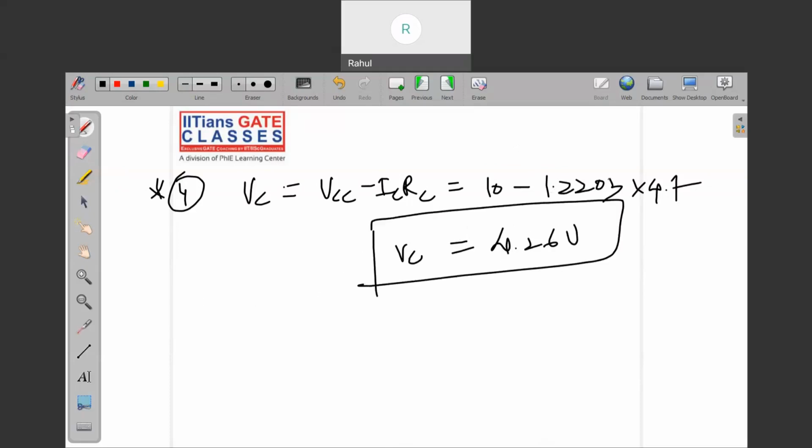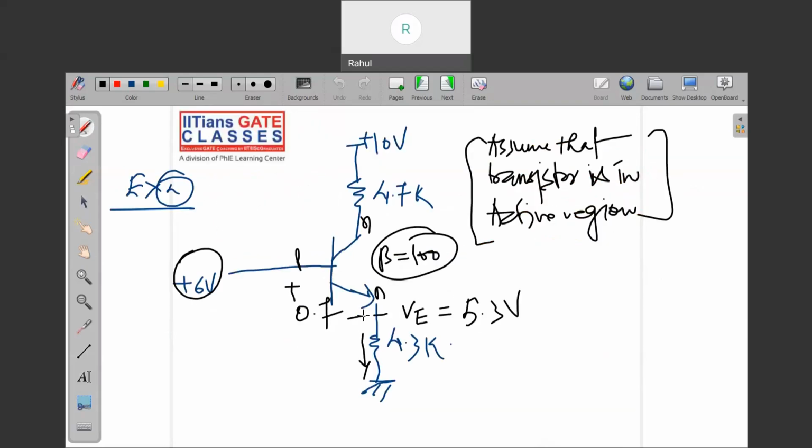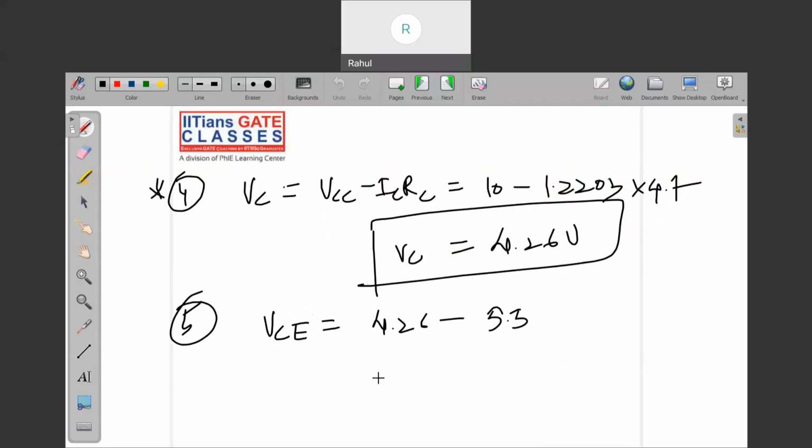Now in the fifth step you have to check the value of VCE. VC is 4.26 minus VE, and VE was 5.3. Let me show you the VE here, this guy. VE was 5.3. If you subtract this, this will give you a value less than 0. It means that your assumption is wrong.